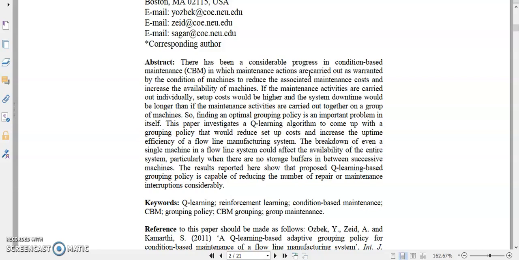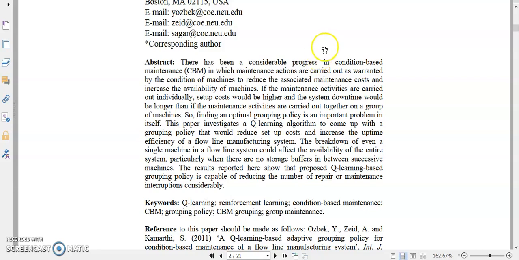When we have reactive maintenance, normally we will have to shut down certain production systems. So in order to avoid the unpredictable breakdown of machines, we can use condition-based maintenance to ensure that all of the machines are maintained accordingly.